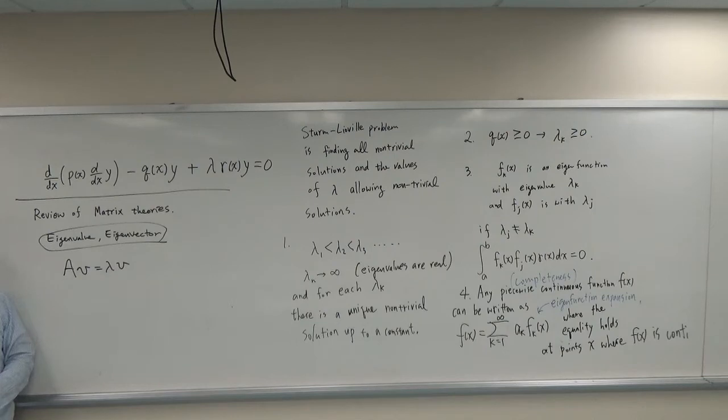Yeah. That brings us to a natural question. Are all matrices diagonalizable? No. But every matrix can be made upper triangular. Yeah, you can always make it upper triangular, but you can't always make it diagonal.